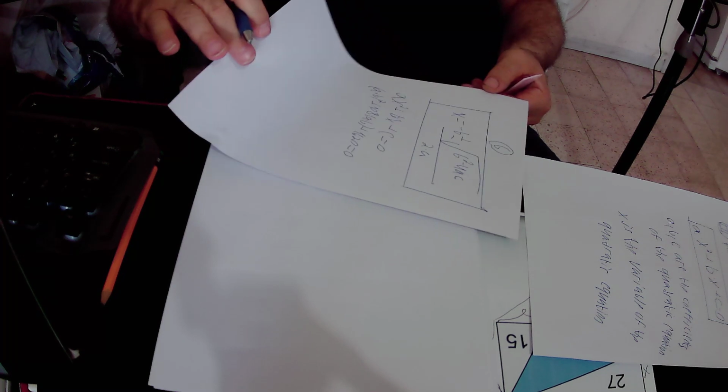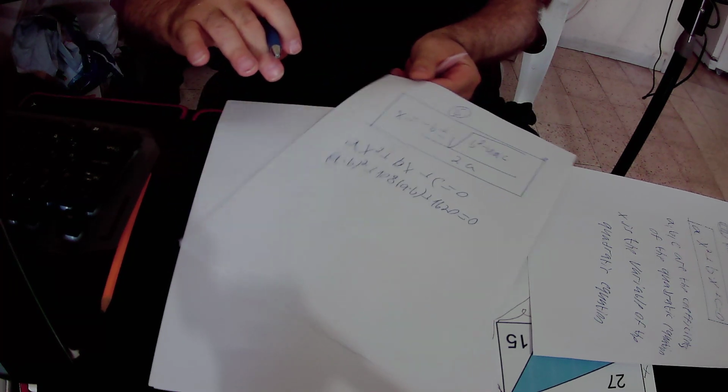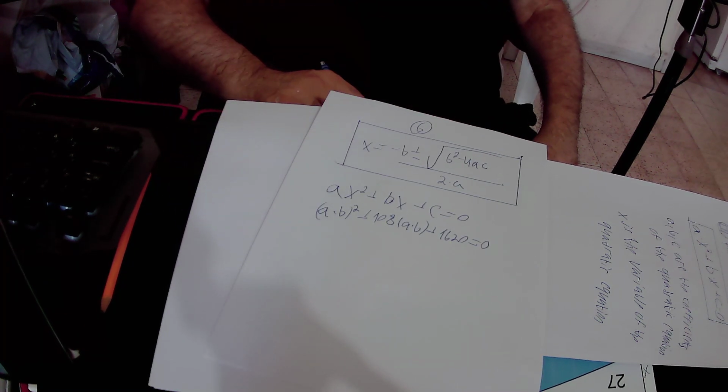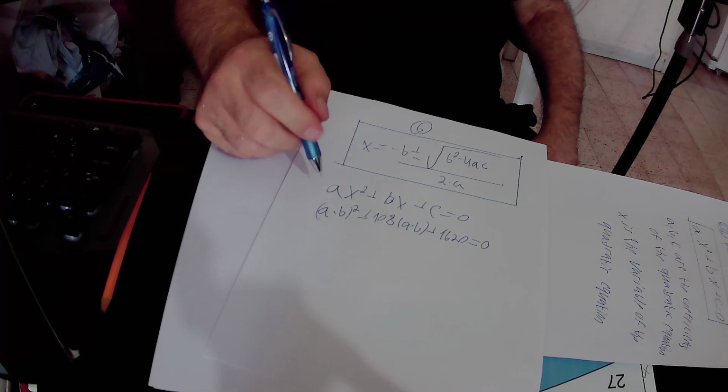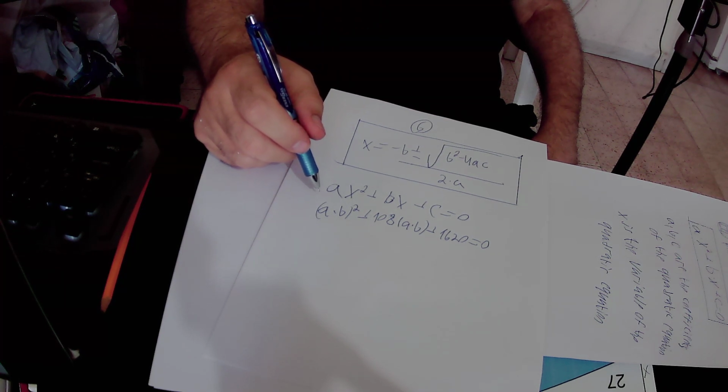Okay, this is our specific quadratic equation, and we can multiply a times b squared by 1.